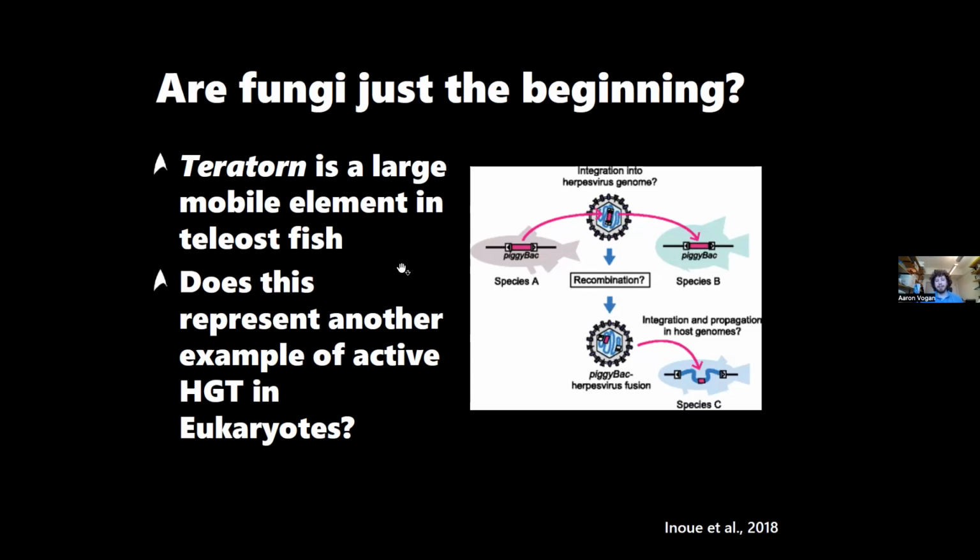It hasn't been dug into too much. There's also compelling evidence that the Gypsy element could be some sort of mobile element, also things from Komagataella. So I think we're going to start finding giant TEs in more eukaryotes and really have to start appreciating the role that these have on adaptation and evolution.